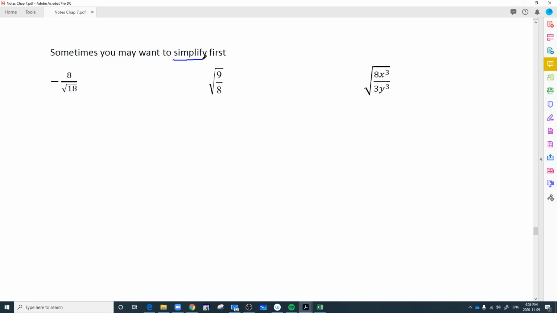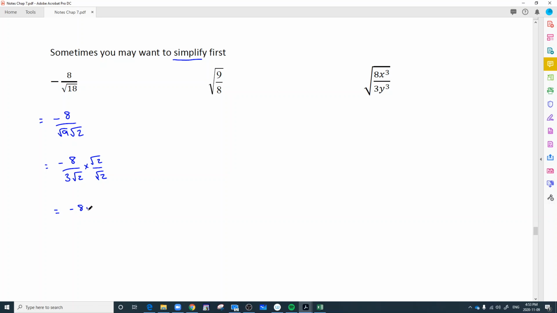Choice number one, you can simplify first. So I can look at this question and say, okay, I see that root 18 is going to simplify. The highest perfect square that goes into 18 is 9 times 2. So I'd end up with -8 over the square root of 9 is 3 root 2. Then I can do the process number one. I'm going to multiply by root 2 over root 2.